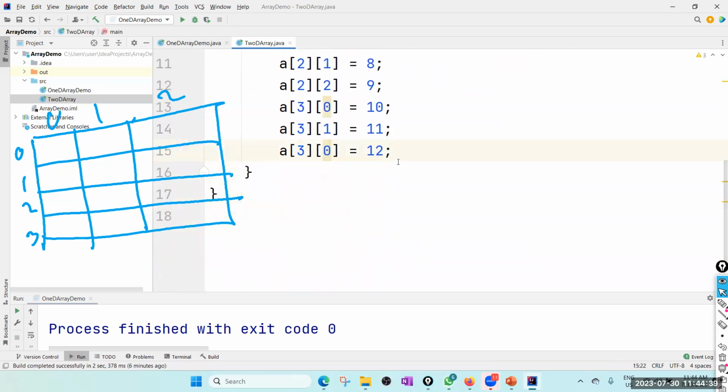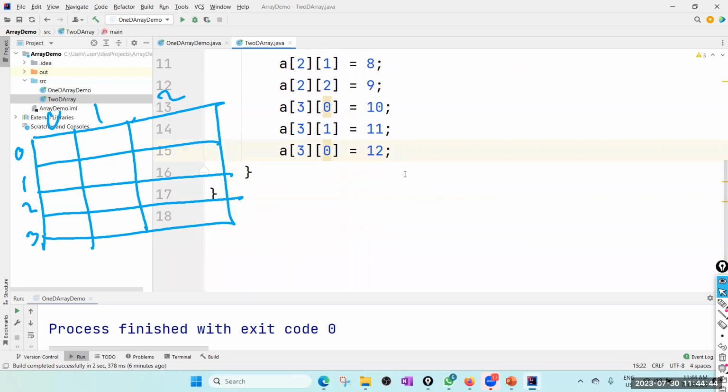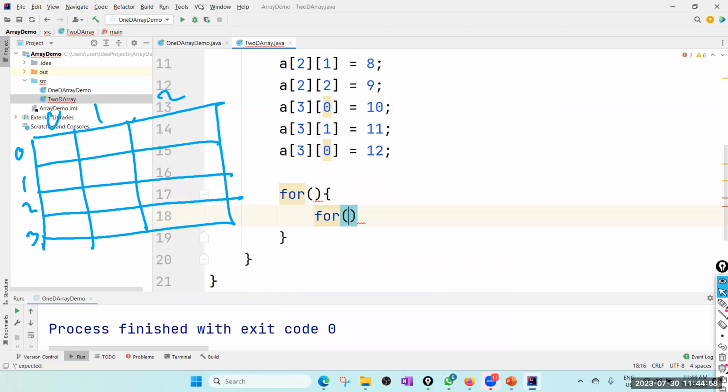Right, so now I can iterate this array because I have the data like 1 2 3 4 5 6 and so on. There are two ways you can iterate again: you can use the array friendly for loop or the normal for loop. Let's use the normal for loop. So you have to go for a nested for loop. This is nothing big for people who know coding; they can write the code with eyes closed. This one is going from one row to the other row, say for int i equals 0, because the first one is the 0th row, as long as i is less than the length.